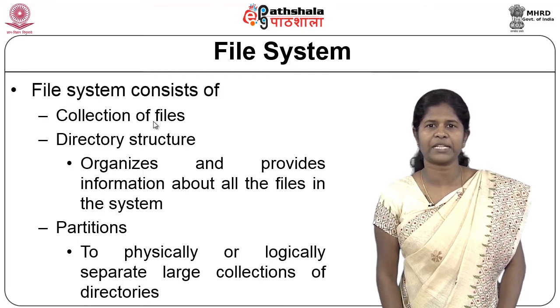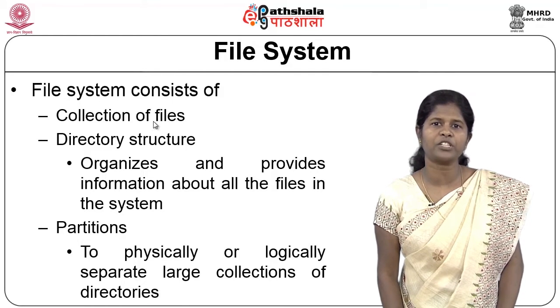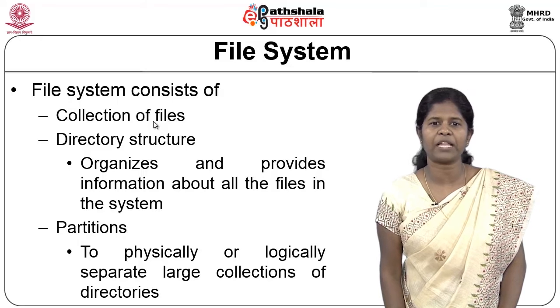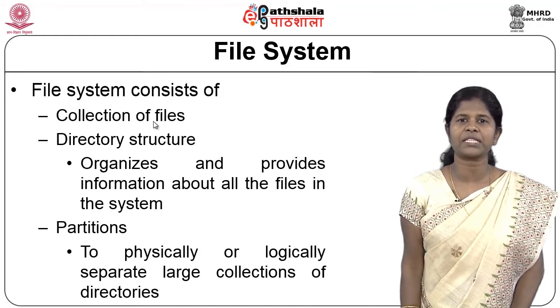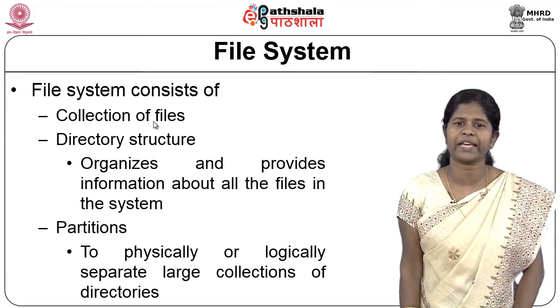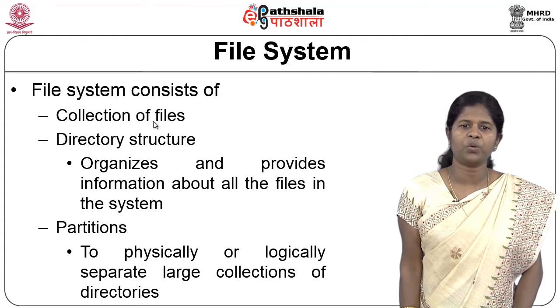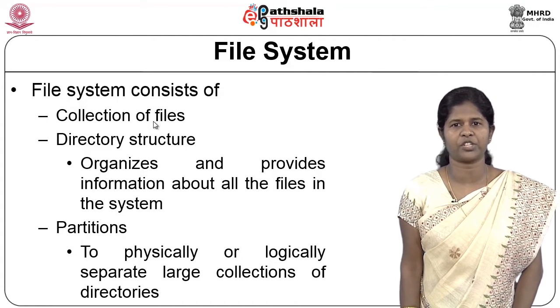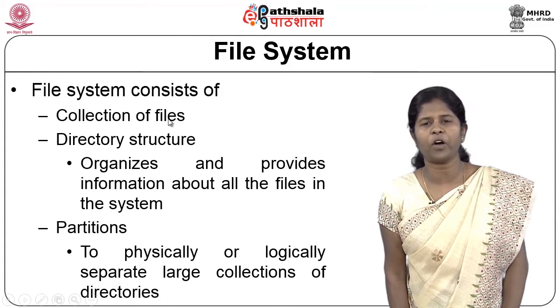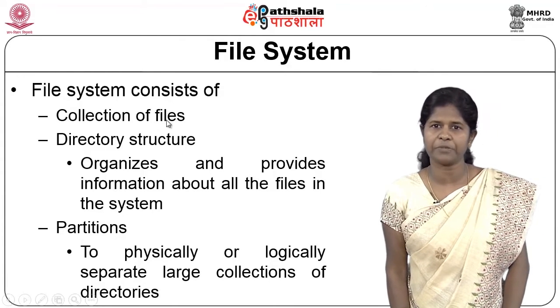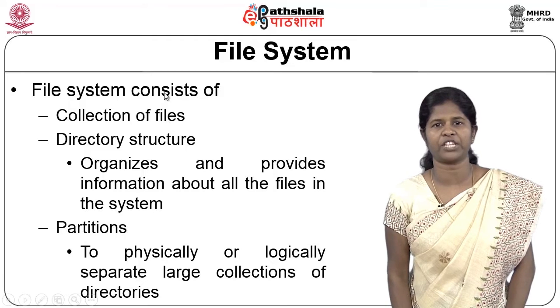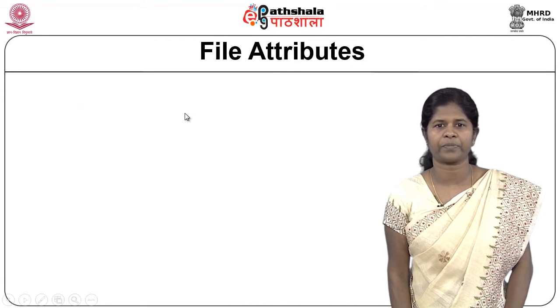If the disk is very large, it is also possible to divide the disk into multiple partitions. You can have the disk divided physically or logically into a separate large collection of directories. It is also possible to place different types of file systems in different partitions of a particular disk.